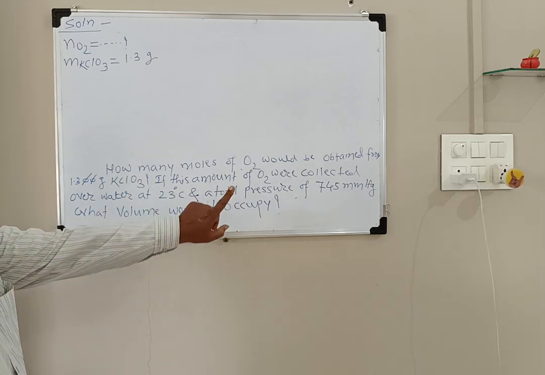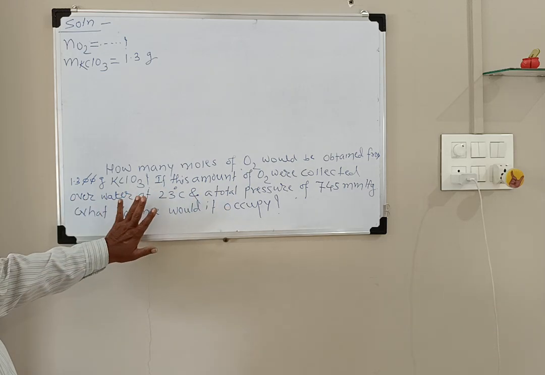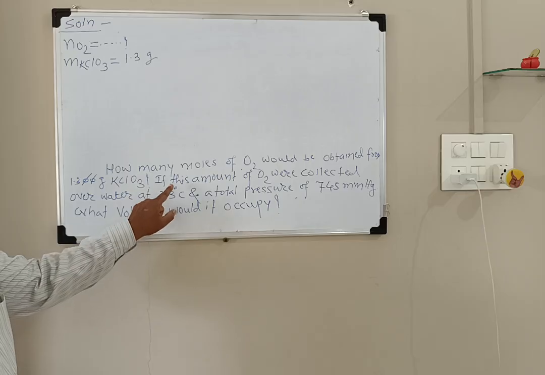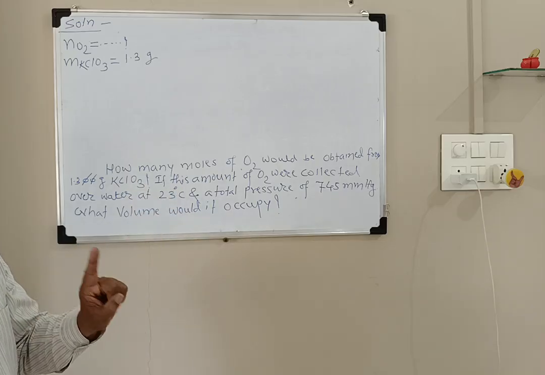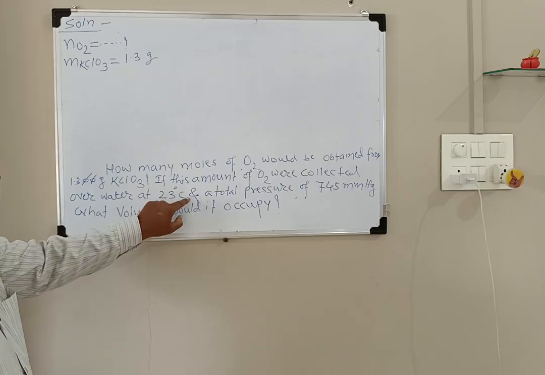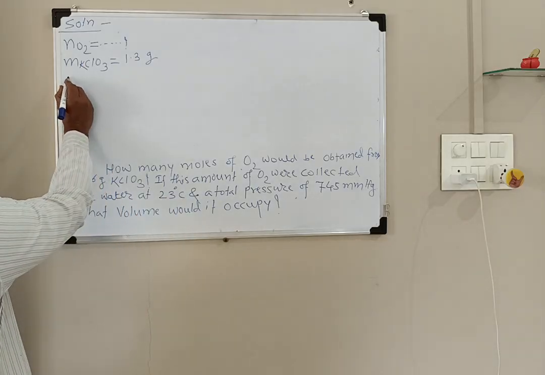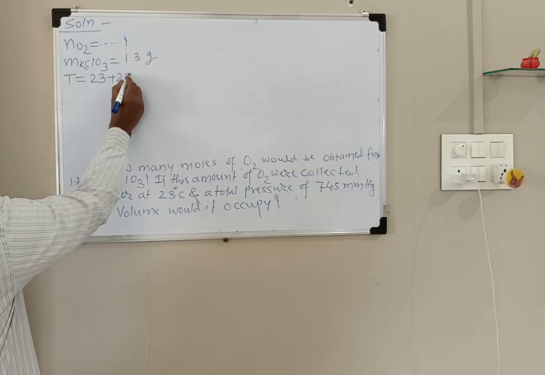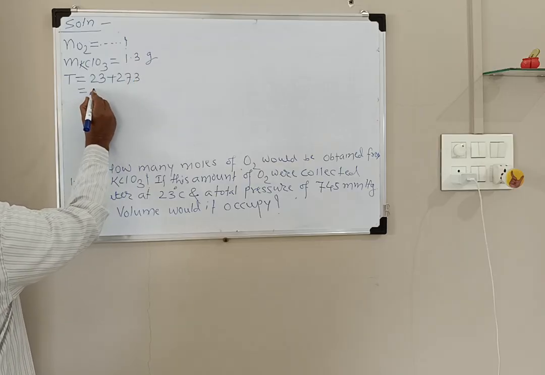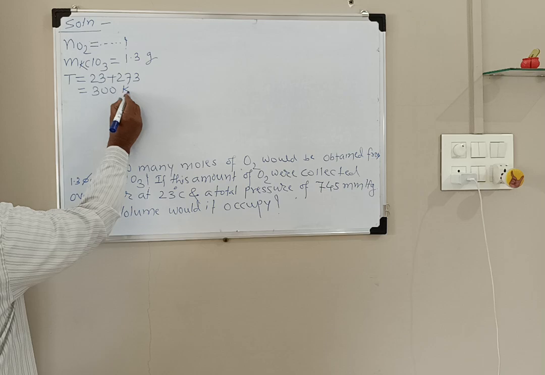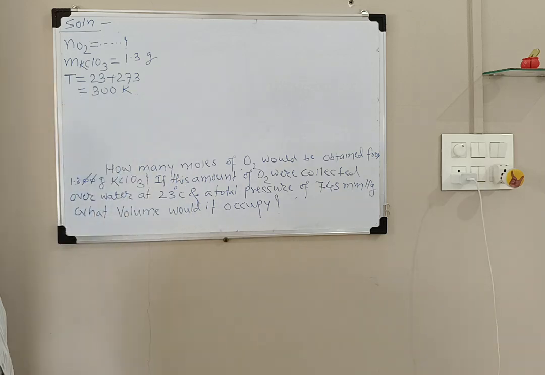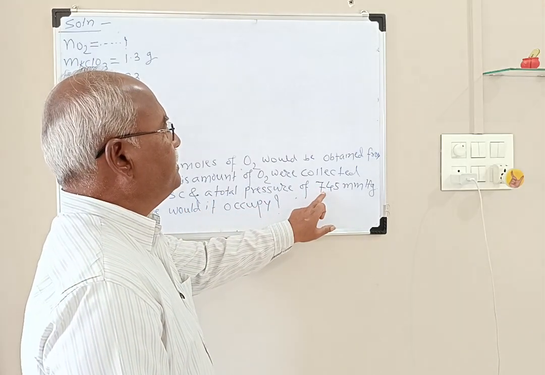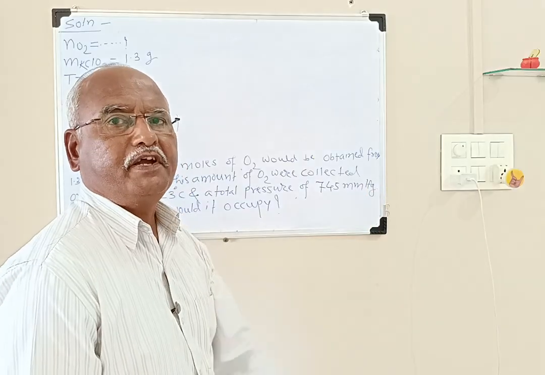If this amount of O2 were collected over water at 23 degrees centigrade, the temperature is given in degrees Celsius and we want to convert it into Kelvin. Therefore, I write capital T is equal to 23 plus 273, that is equal to 300 Kelvin. And a total pressure of 745 mmHg.